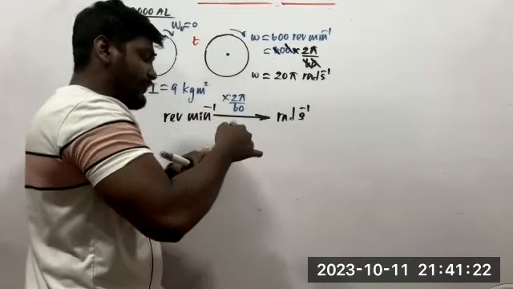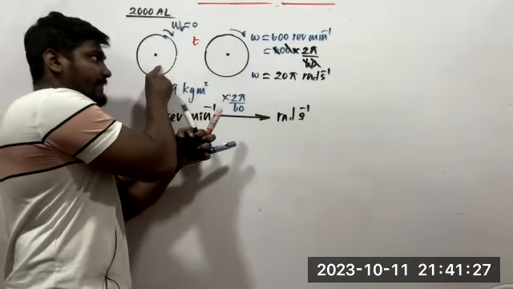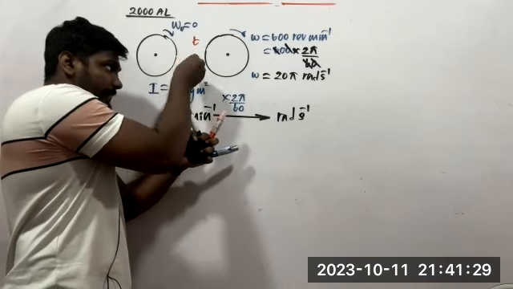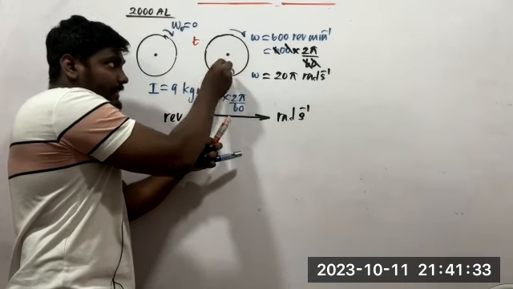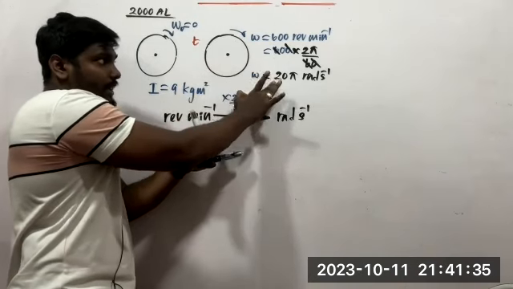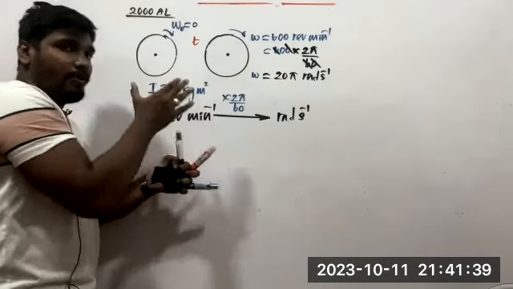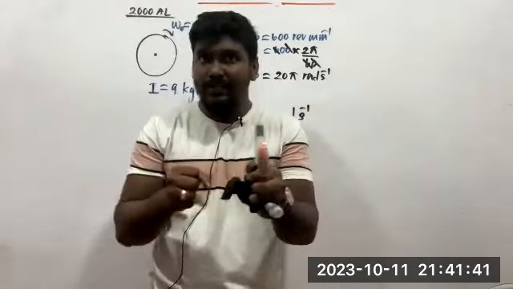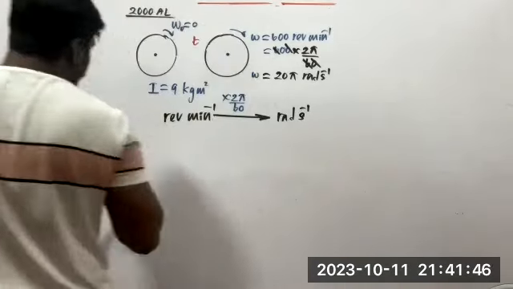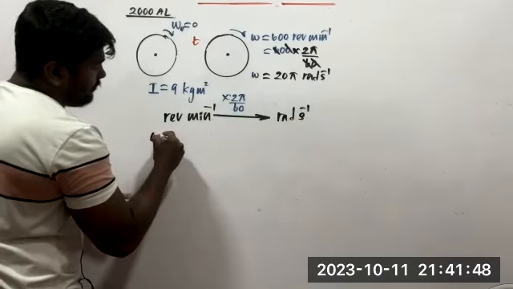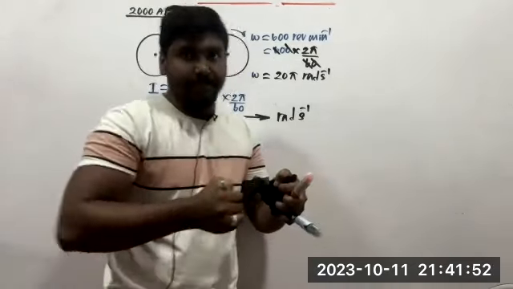Now, in this question, initially the flywheel was at rest. After some time t, the flywheel has obtained an angular velocity of 25 pi radians per second. That means initially the rotational energy of the flywheel is 0, but now the flywheel has some rotational kinetic energy.